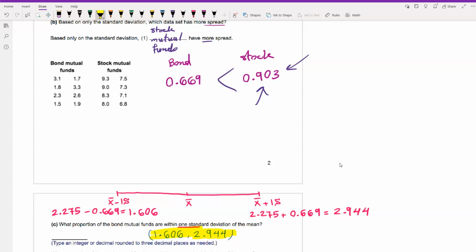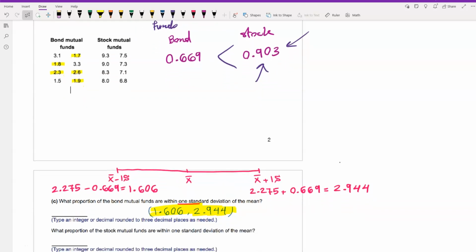So 3.1 is not inside, it's not between these numbers, it's outside. 1.8 is inside, 2.3 is inside, 1.5 is outside, 1.7 is inside, 3.3 is greater than 2.944, so it's outside, 2.6 is inside, 1.9 is inside. So out of 8, we have 5 numbers that are inside and are within one standard deviation.